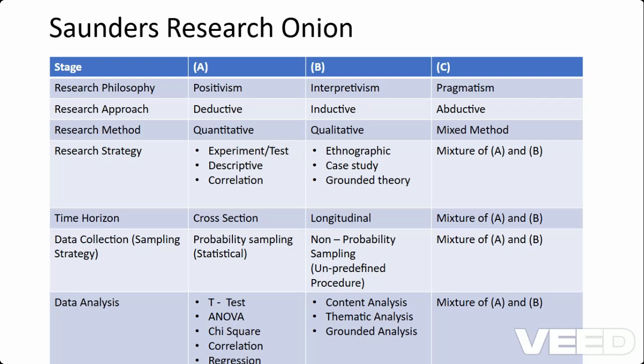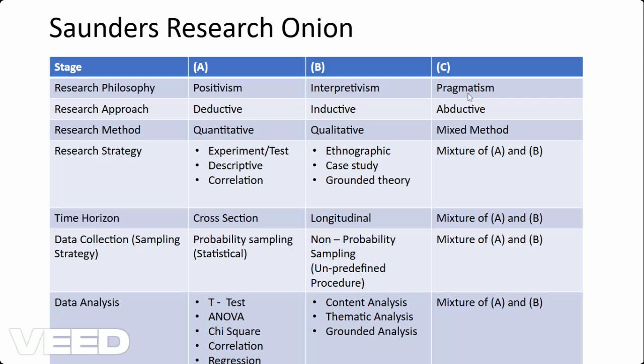So, in the Saunders Research Onion, there is now the part of the research method. You are going to decide whether you are quantitative or qualitative. Quantitative is aligned with positivism or deductiveness, which is your research approach, and qualitative is aligned with interpretivism or inductiveness.